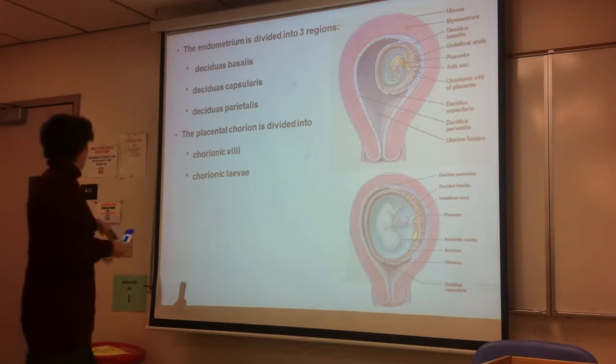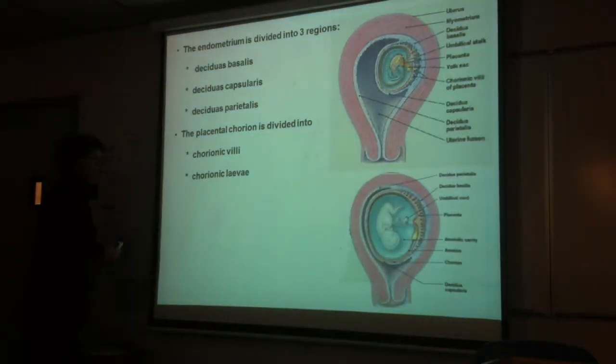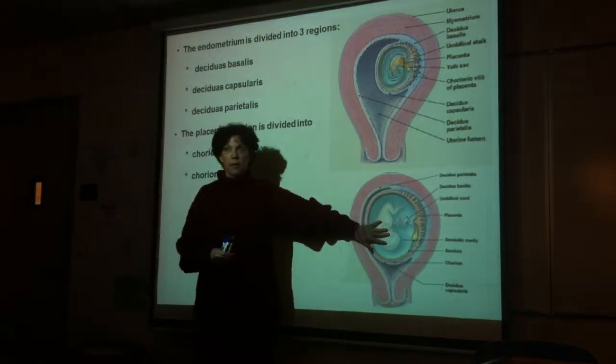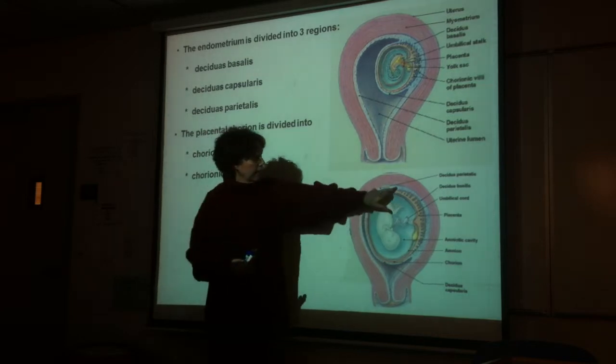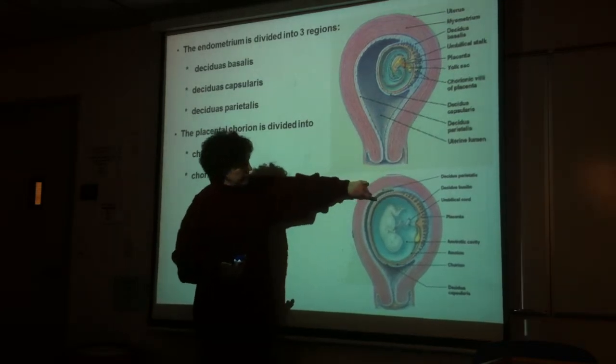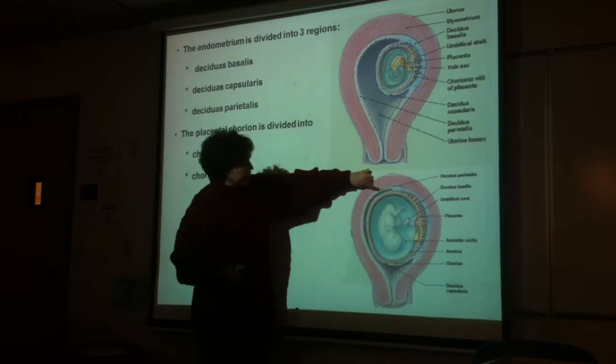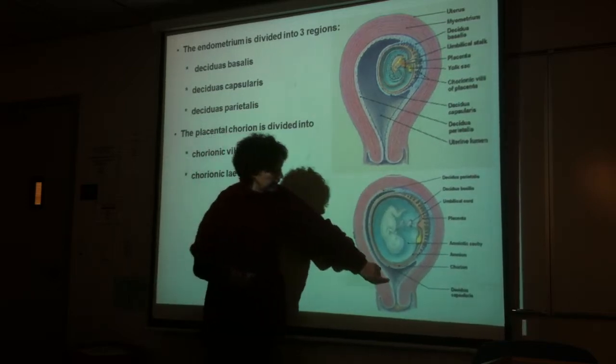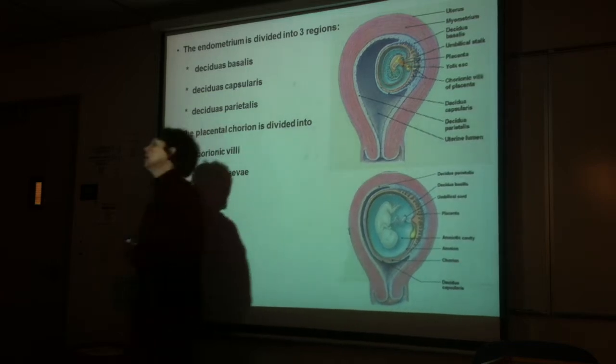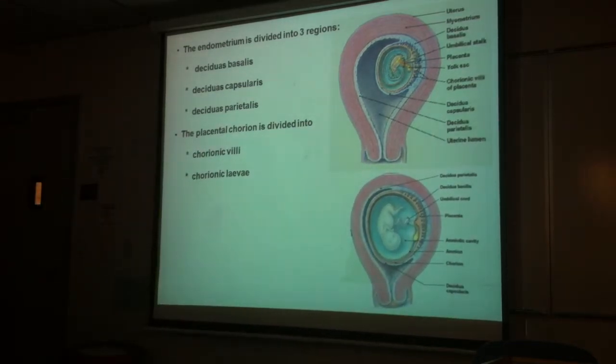So here on this lower image, we have a fetus now, and so here we would have the decidua capsularis, decidua basalis, and then across the uterine lumen, all of the rest of this would be the decidua parietalis.